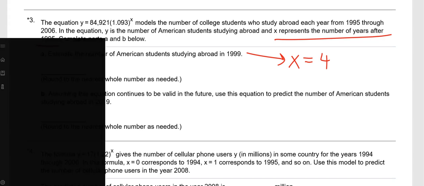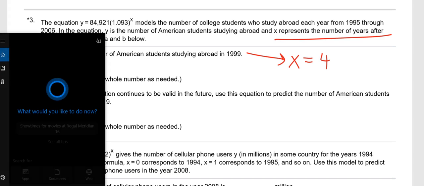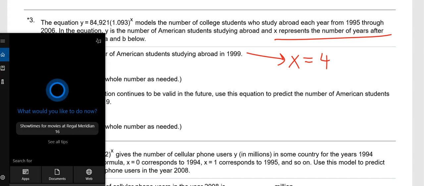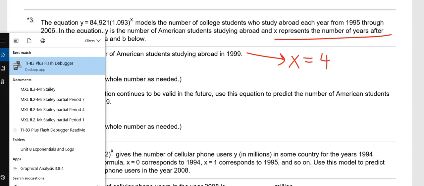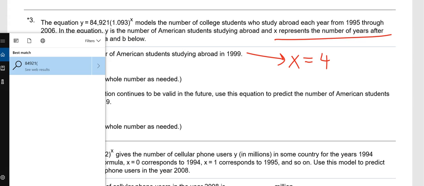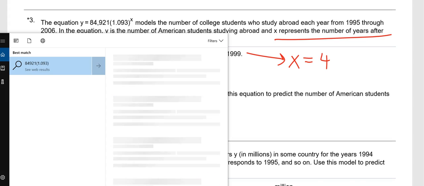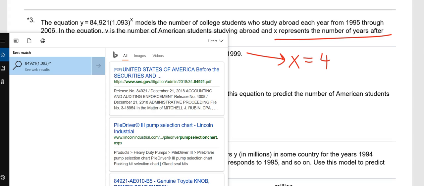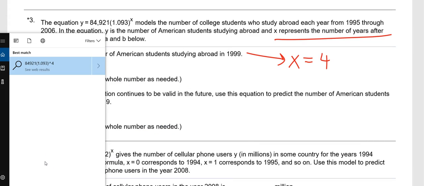For those of you who don't know, you can come down to the search bar at the bottom of the screen and use your calculator: 84,921 times 1.093. You didn't have to use a parenthesis. Now, by the way, folks, what growth rate are we talking about here? 1.093.